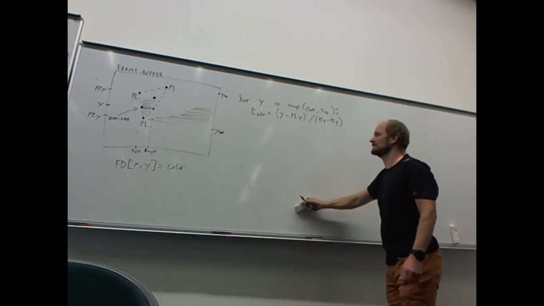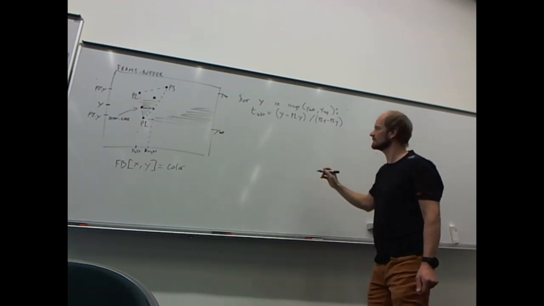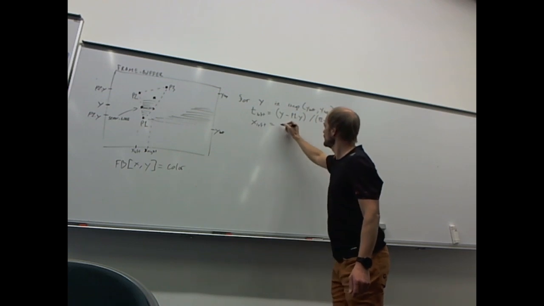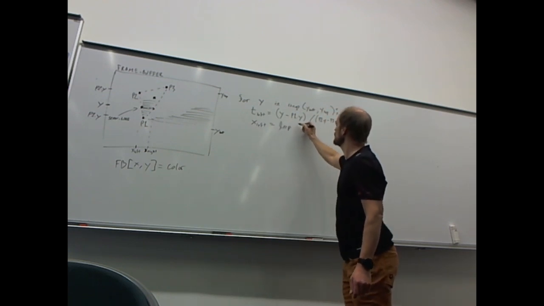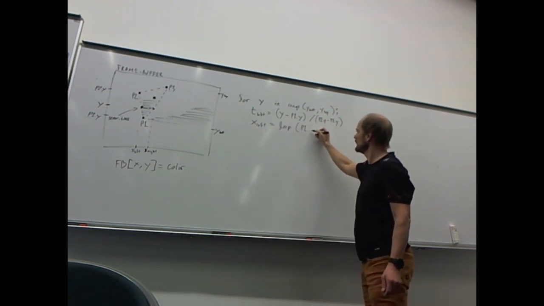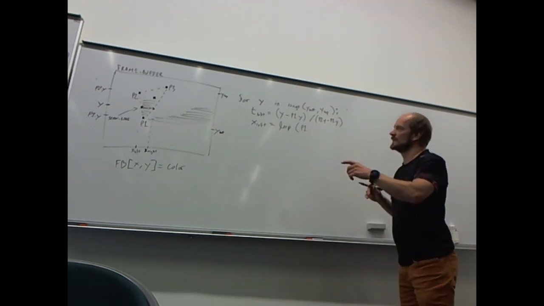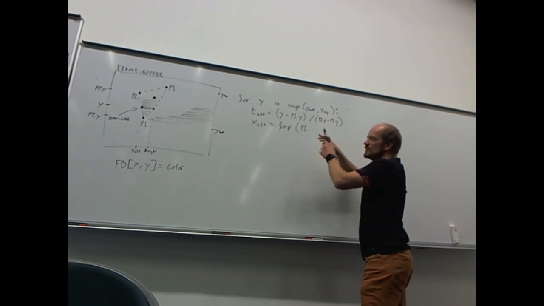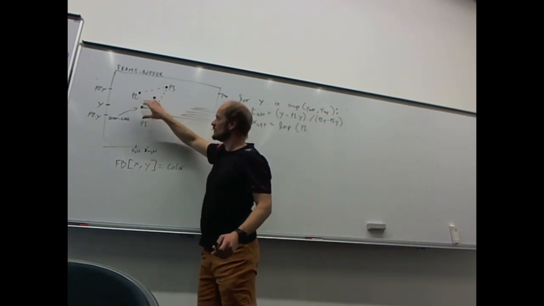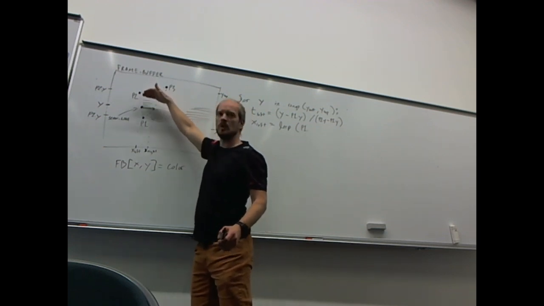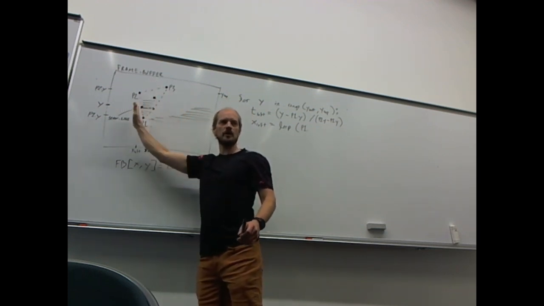What is x left? Would it be linear interpolation of P1? Linear interpolation, yes, of P1 y? No, is it the other way around? So I'm using the y values to decide the ratio because I know how far along I am from P1y to P2y. But it's the x value that's the unknown.